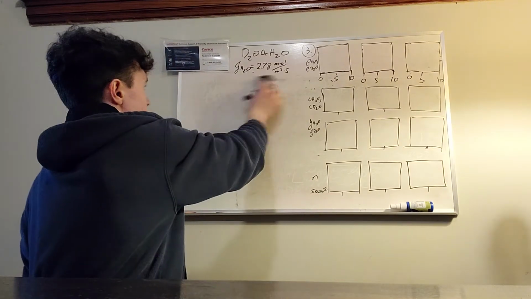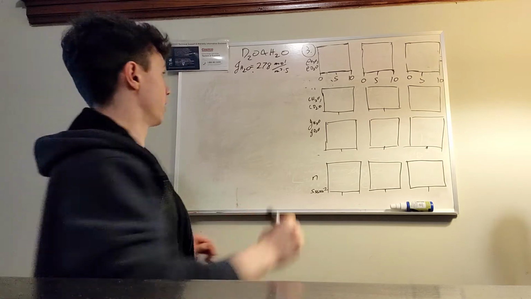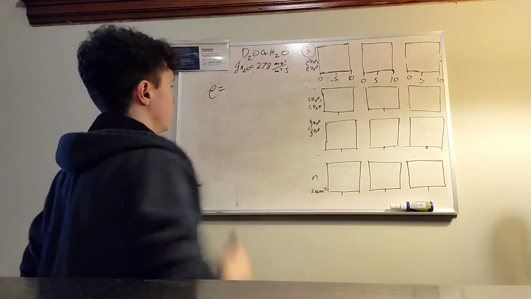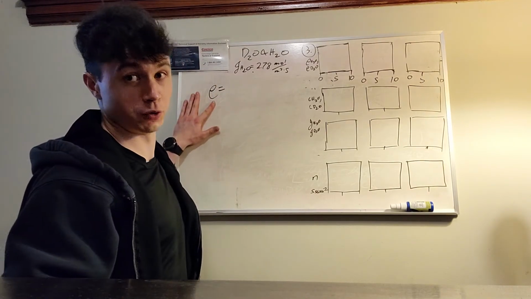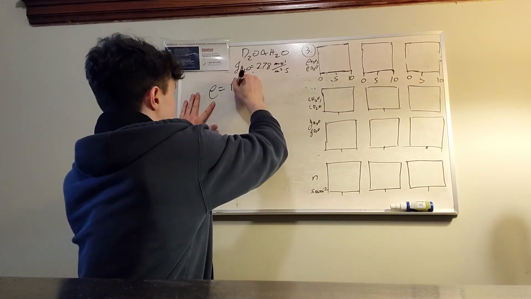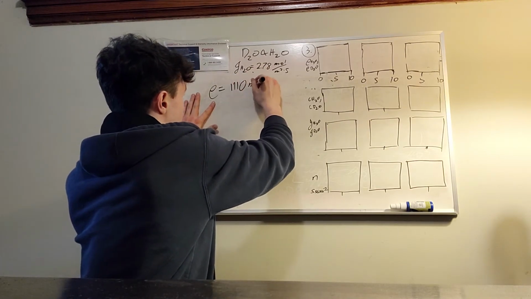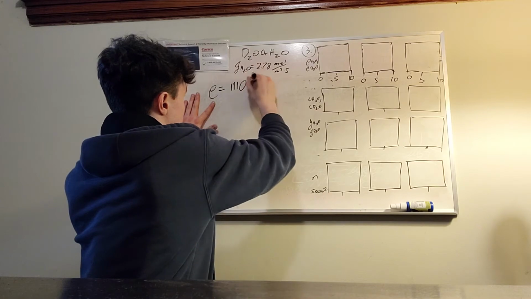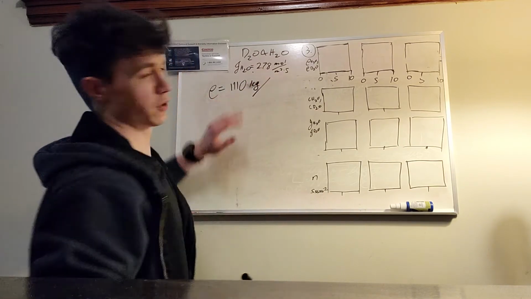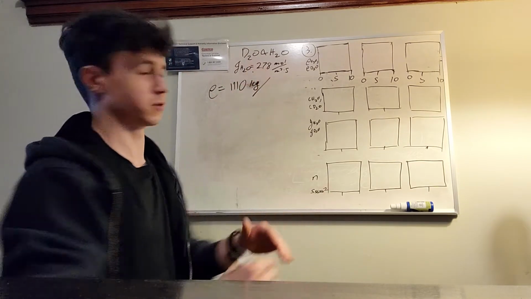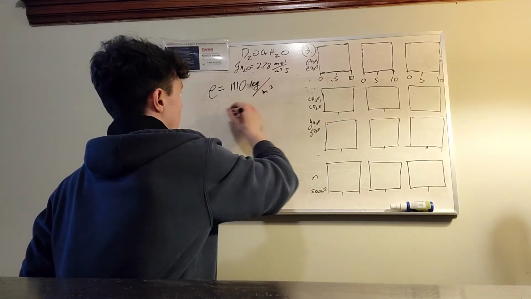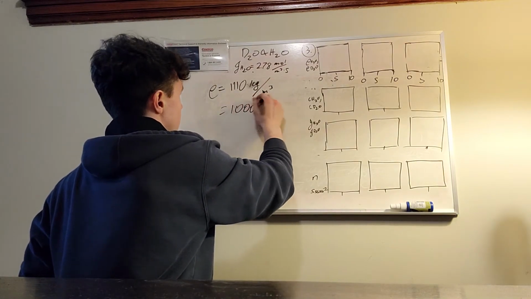Let me just make some space for myself here. So we know that the normal density of deuterated water is 1,110 kilograms per meter cubed, and water is just 1,000.